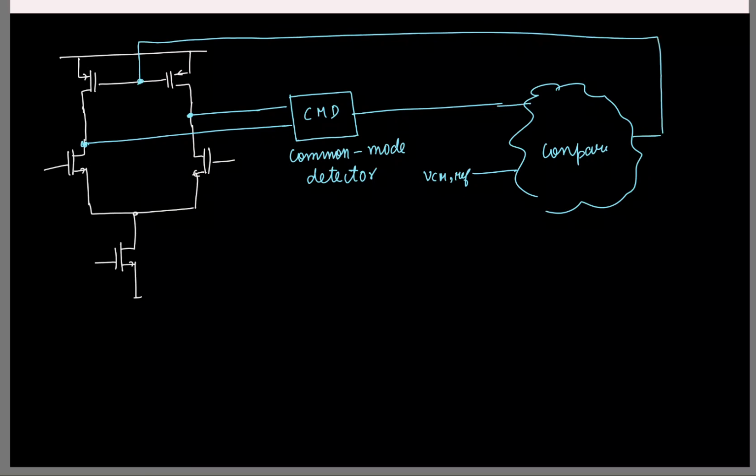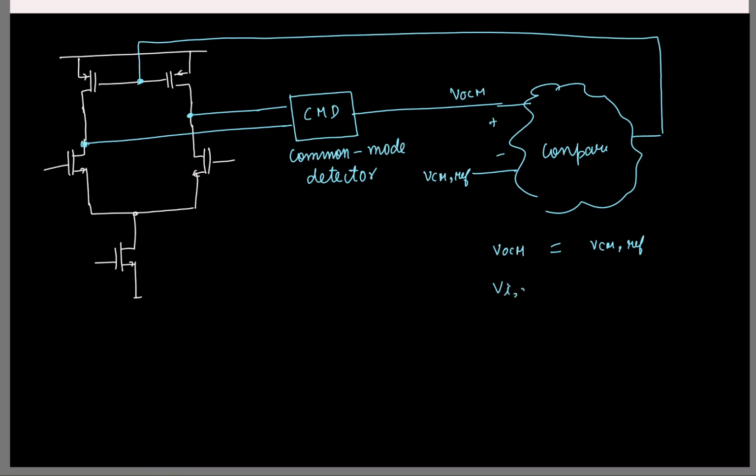Now of course this block that does this comparison is taking two inputs, VOCM and VCM ref, and ideally what is the relation you want between these two? Both of them need to be equal. So basically the difference this block takes is 0.